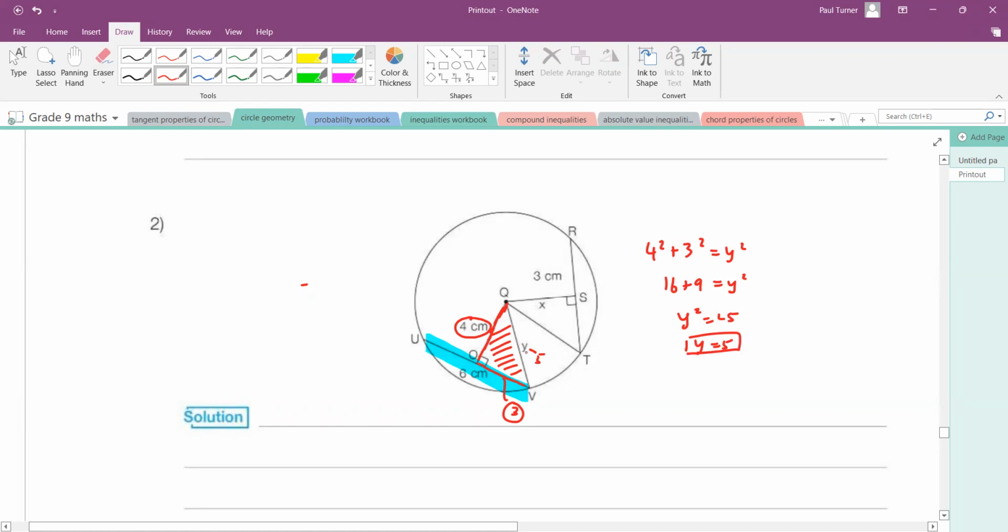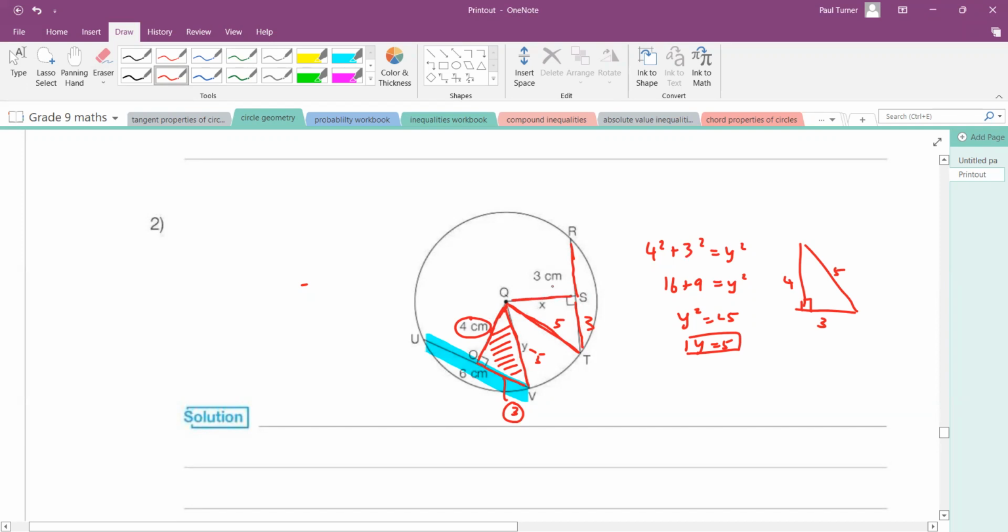So if this length is 5, it also means that QT is also 5 because that's a radius line. They're both radii, aren't they? So that's 5. This length is 3. And because RT is being bisected by QS, this length here is also 3. And by our Pythagorean triple, 3, 4, 5, we can use that to find this length, which is 4.